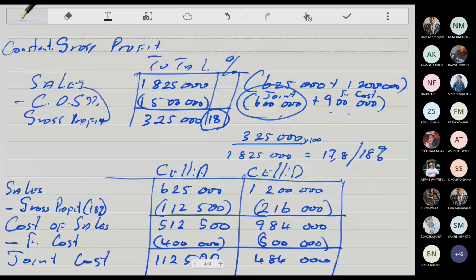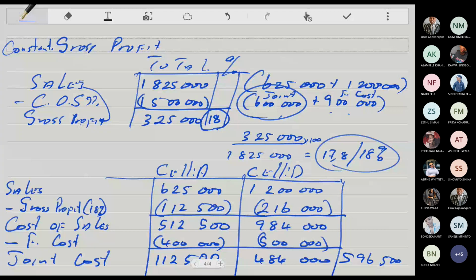It gives us 596,500. You can see that because of the rounding off we made when doing the gross profit percentage calculation, under normal circumstances it was supposed to be 600,000. So it has a difference of 500 rand because of the rounding off. No one's fault.